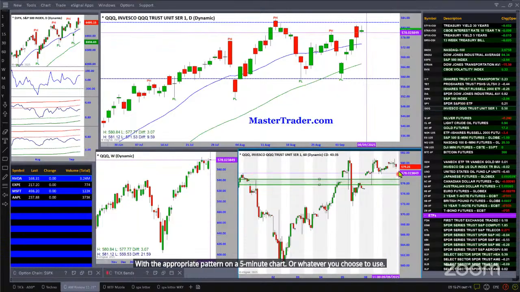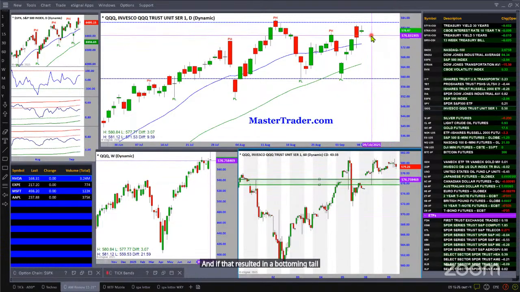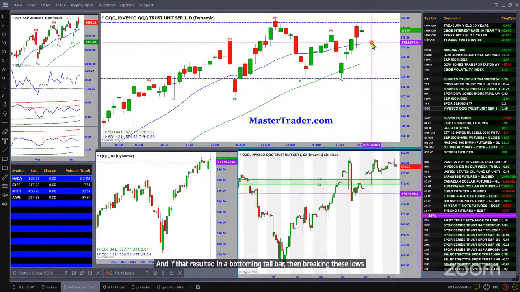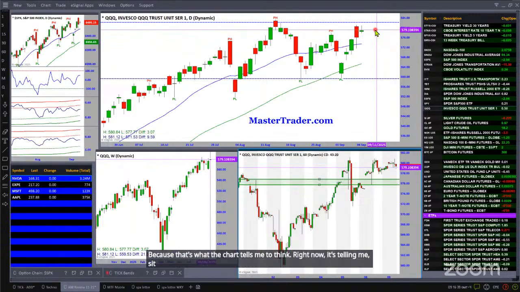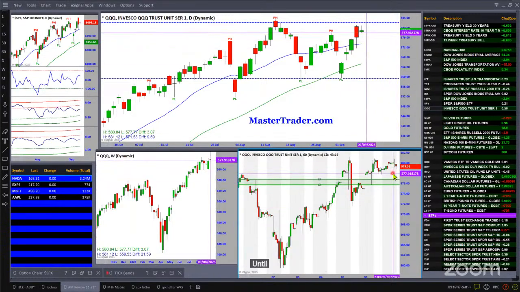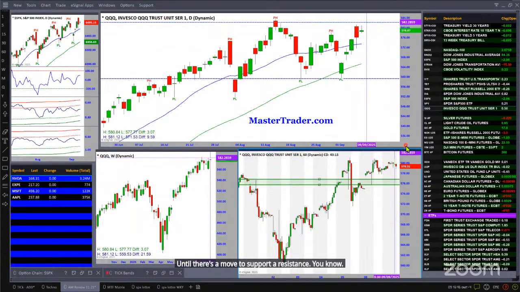And if that resulted in a bottoming tail bar, then breaking these lows and coming down here, I've got this correction bar, then I'm going to be thinking that's going to go higher because that's what the chart tells me to think. Right now, it's telling me sit on my hands until there's a move to support or resistance that tells me to do something.